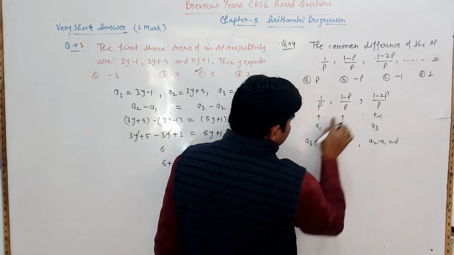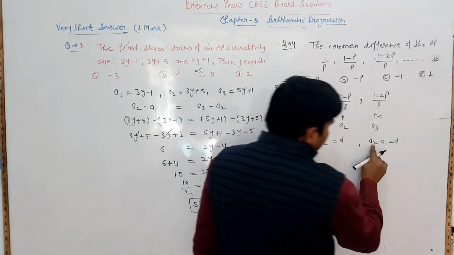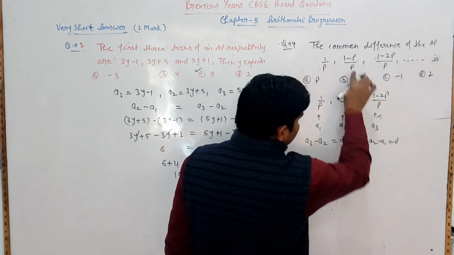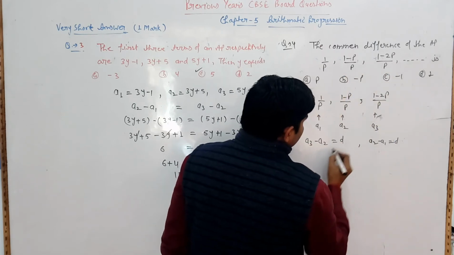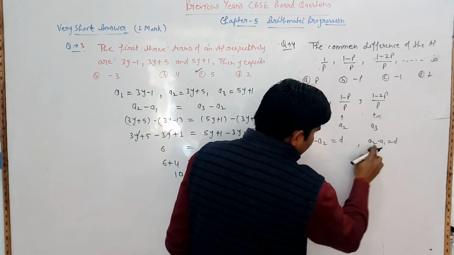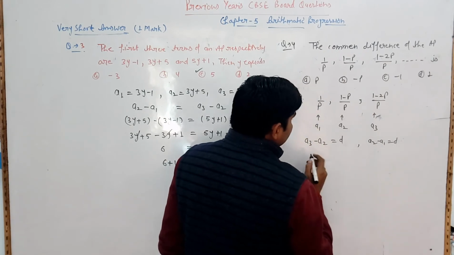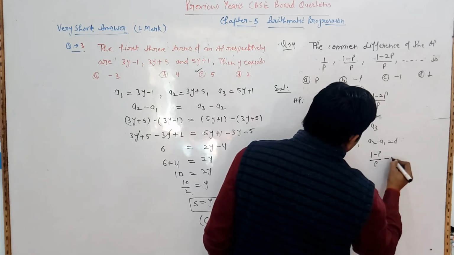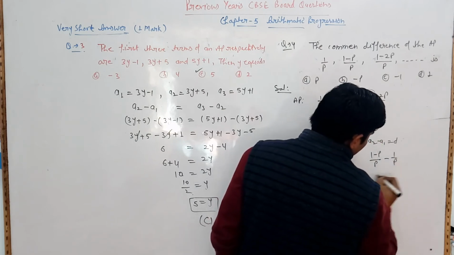So what is the value of A2 minus A1? We choose A2 minus A1: 1 minus P upon P minus A1, where the value of A1 is 1 by P.